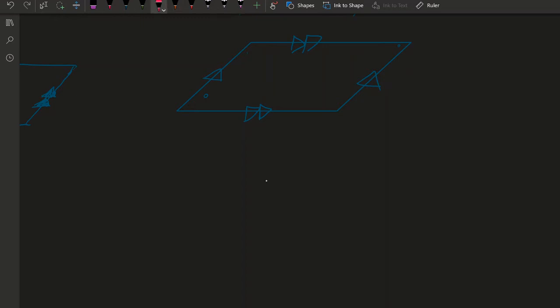So I'm going to say this angle is congruent to this angle. This angle is congruent to this angle. What I can do here is draw a diagonal in here. Let's switch colors.